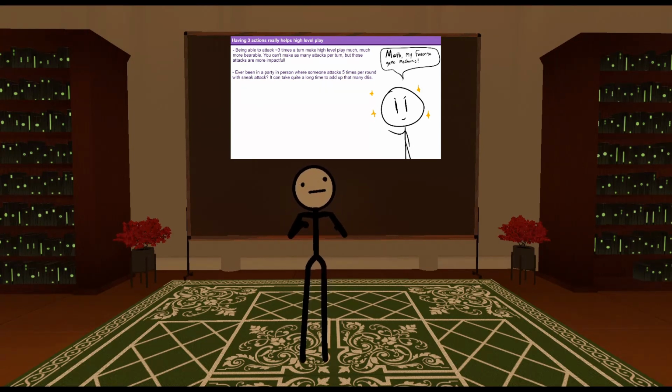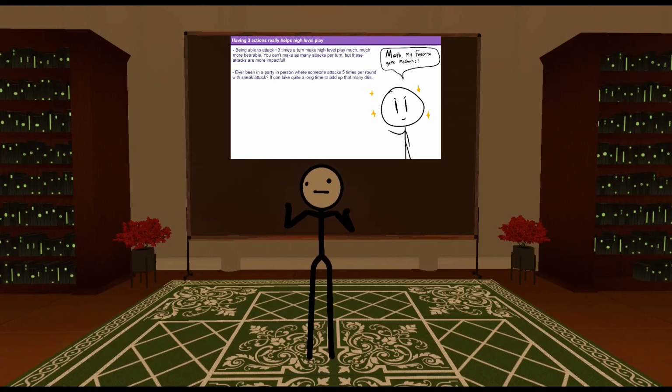But simply having 3 actions, no matter what level you're at, is going to make high-level play a lot more consistent with low-level play, which is a good thing because high-level play in 1E was an absolute mess, where one combat could take an entire session just because people are doing a lot of math, and that isn't necessarily the most fun thing.